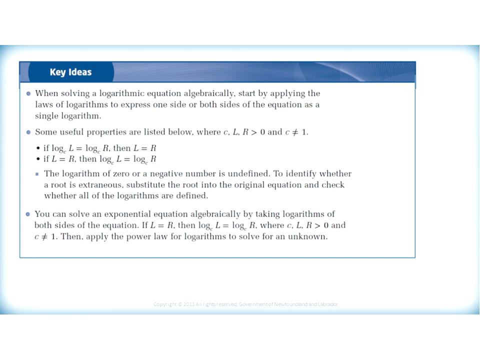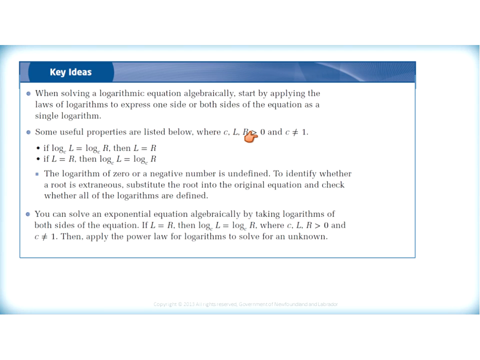As a summary then, when solving a logarithmic equation algebraically, we can start by applying the laws of logarithms to express one side or both sides of the equation as a single logarithm. Some useful properties are listed below, where c, L, and R are greater than 0 and c cannot equal 1. Notice that c is the base of your logarithm.